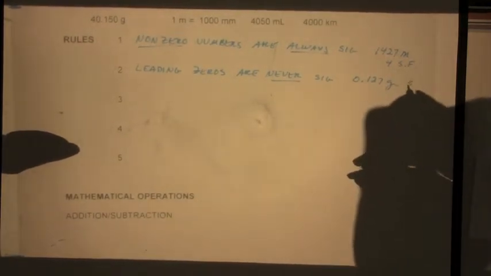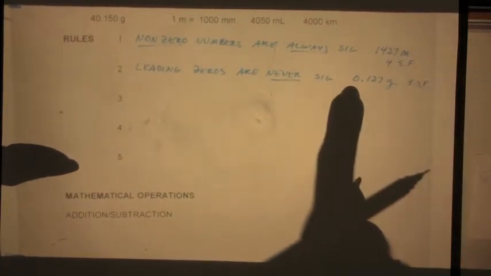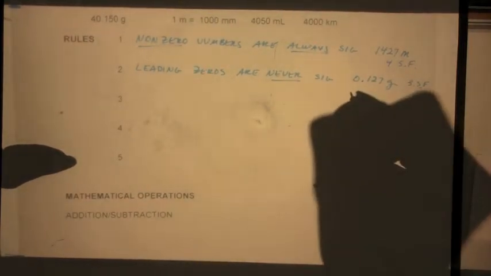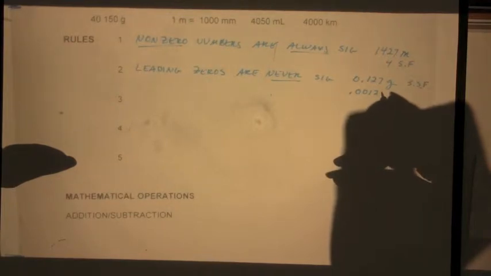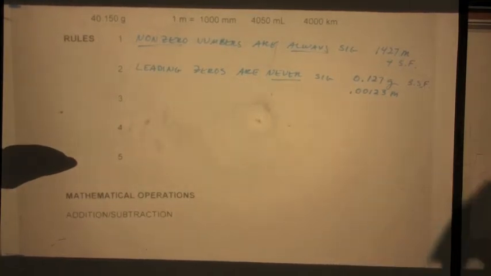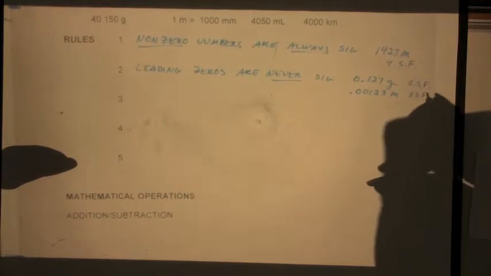This has 3 sig figs. A leading zero is never significant. 0.0012, stuck on 127. Oh, let's throw in a 3 there. Meters. There are 2 leading zeros, they are not significant. This one again has 3 sig figs.